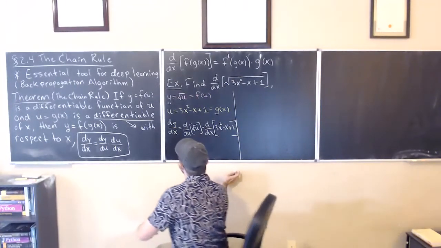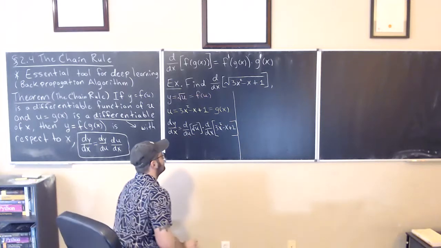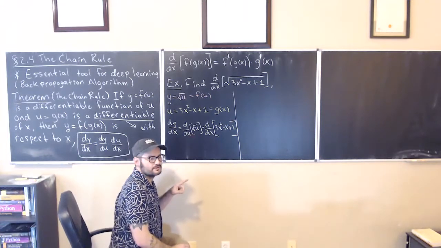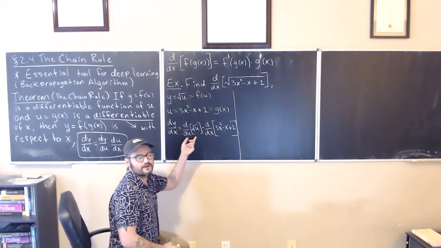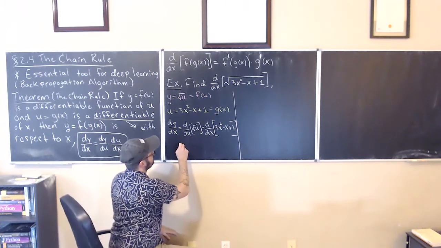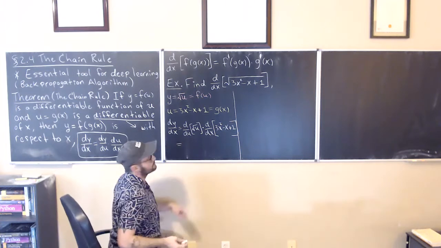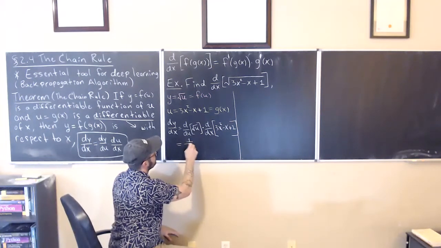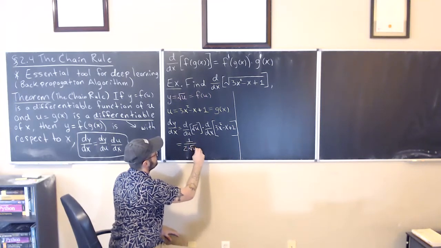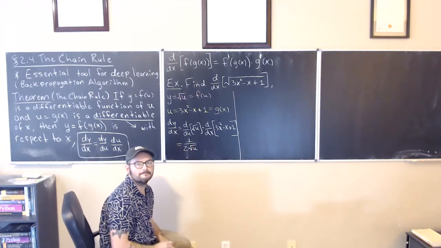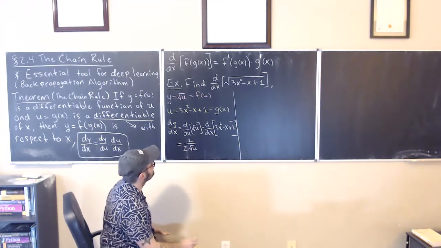So what is the derivative of square root of u with respect to u? So you're treating u like a variable here. So this is the same thing as saying the square root of x. What's the derivative of that? And we know what that's going to be. We just calculated it earlier. It's going to be 1 over 2 the square root of u. That is that. Okay?